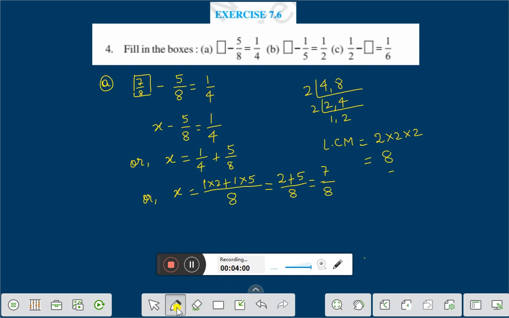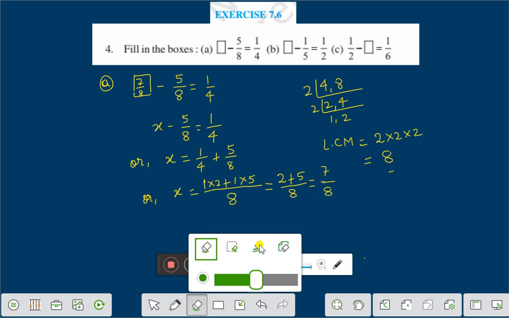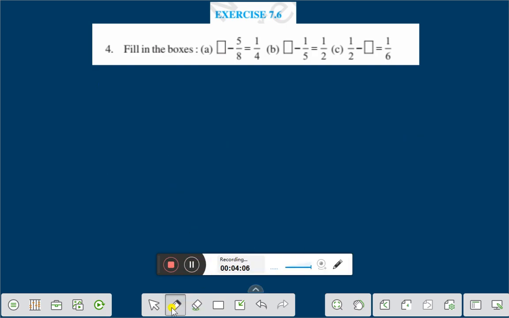Now we will solve question number B. Question number B is, there is a blank first, this is a blank, after that minus 1 by 5 is equal to 1 by 2, right?